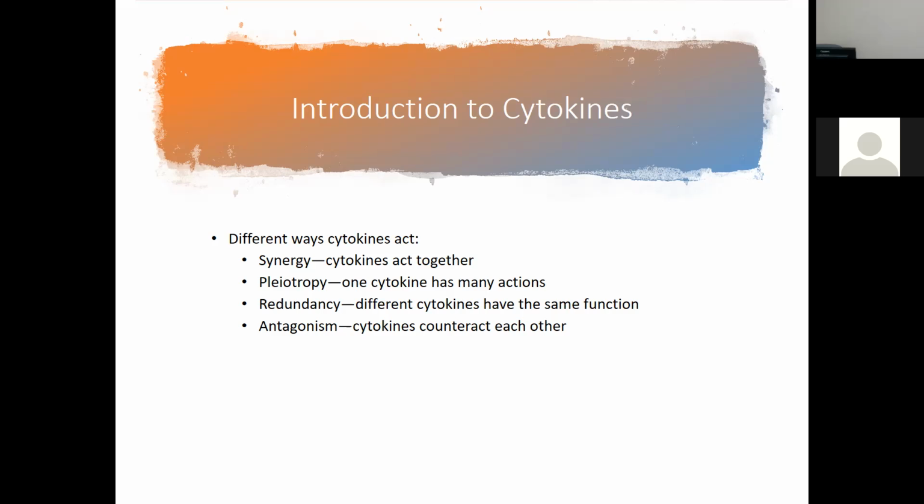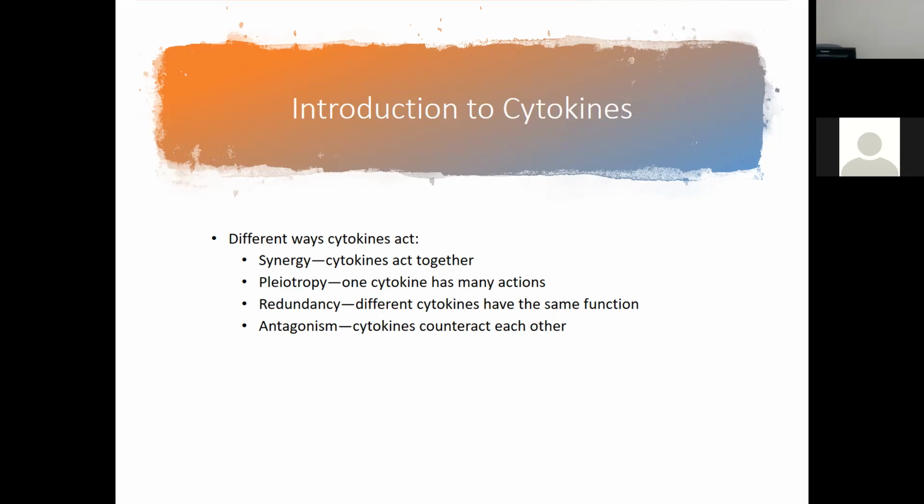Now we can increase the body's response to an antigen. Pleiotropy is one cytokine has many actions. So I can say, I do this, but I also can do this. And watch me now, I can even do this. So they have many roles they can play. They're not just designed for one thing.